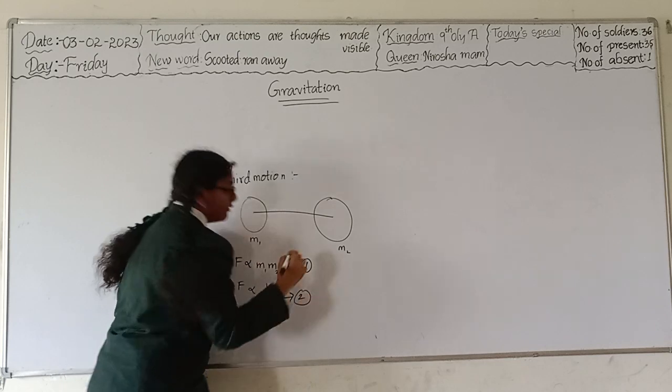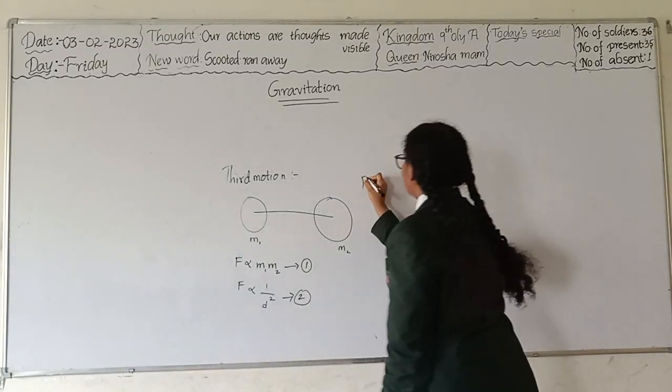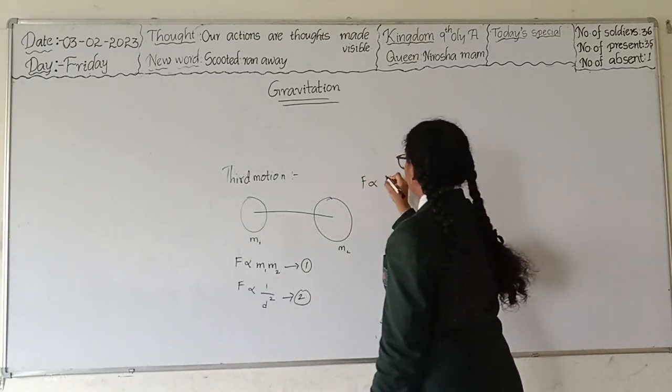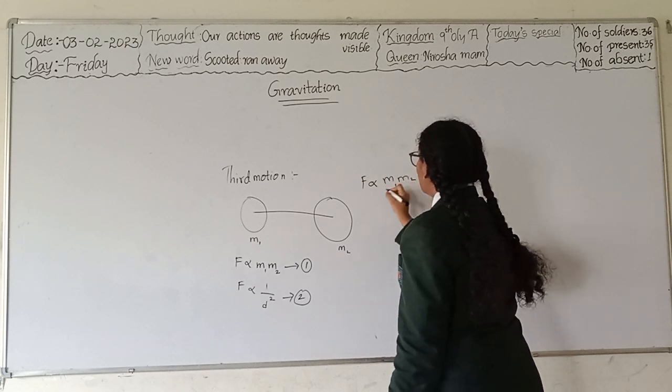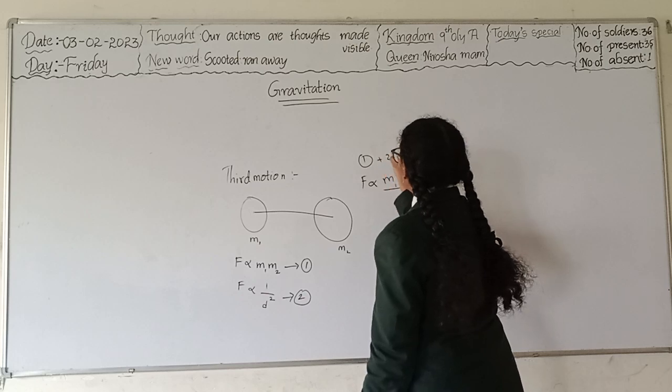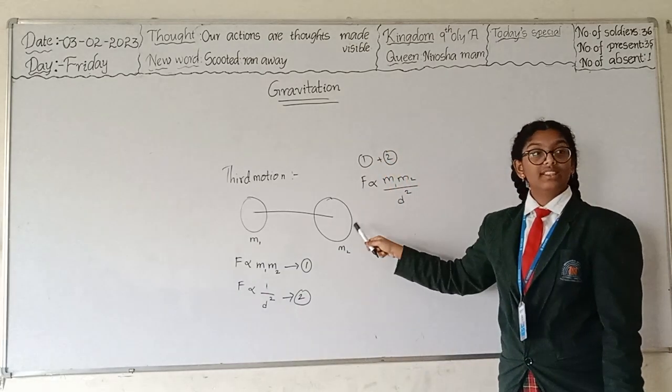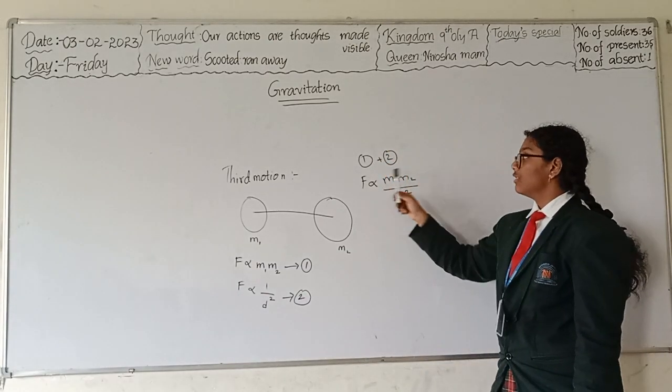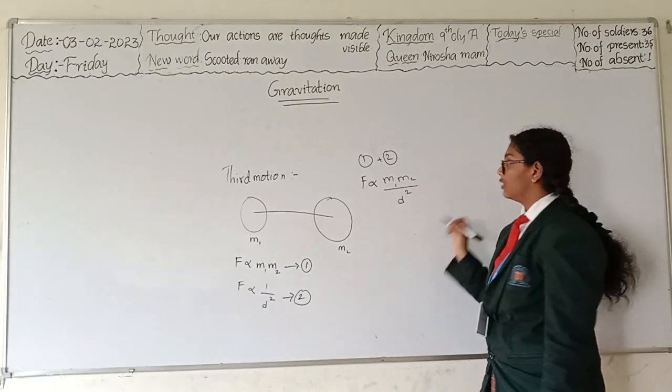Let us derive the formula for gravitational force. F is directly proportional to m1 and m2, and inversely proportional to d square. When we combine the two equations, F is directly proportional to m1 m2 by d square.